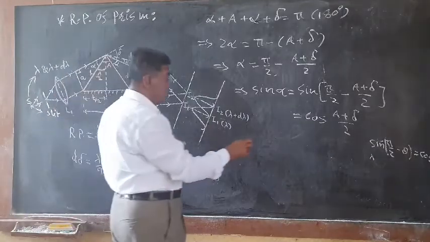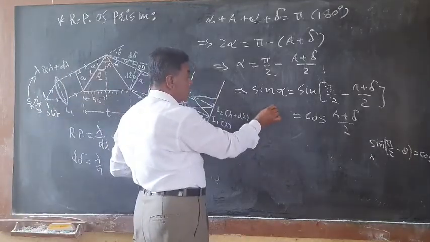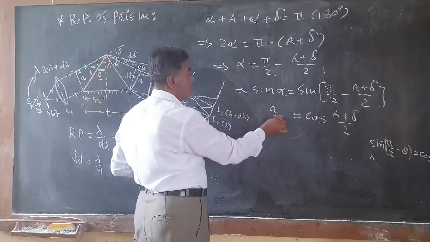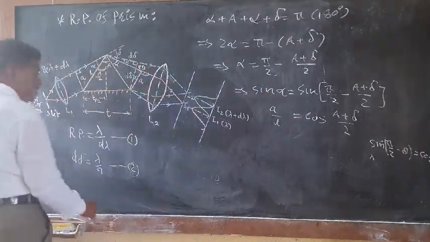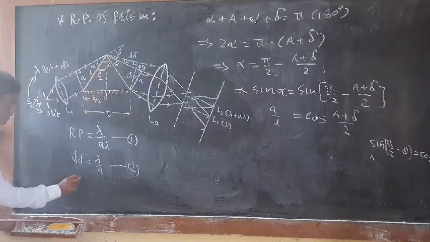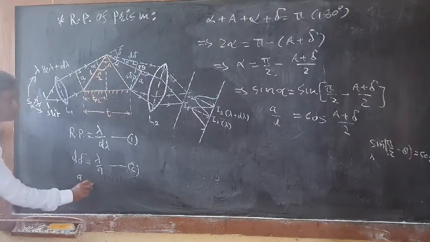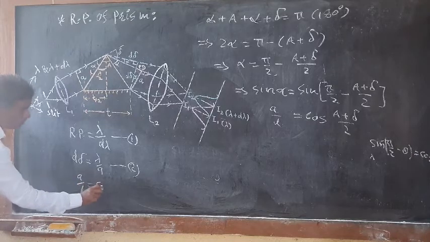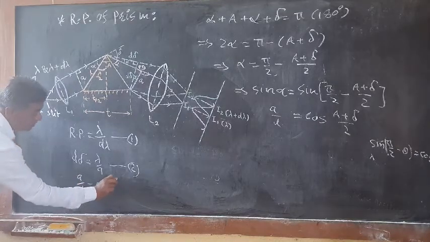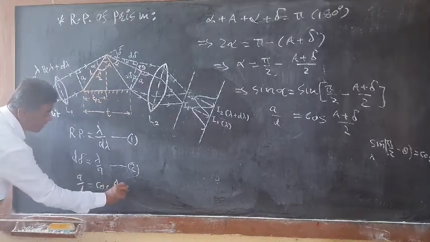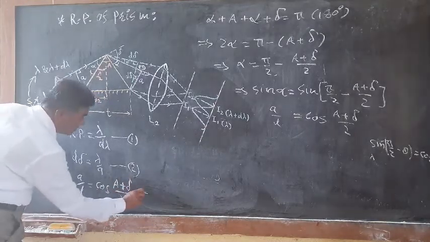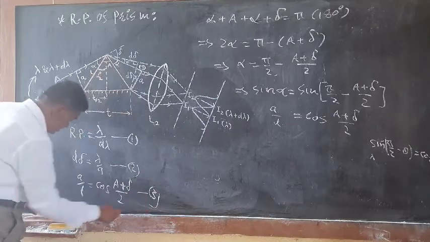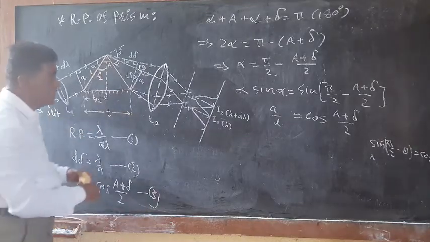So sin alpha is A divided by L, and we are getting this equation also. So A divided by L will be equal to cos of (A plus delta) divided by 2. Suppose this is equation number 3.